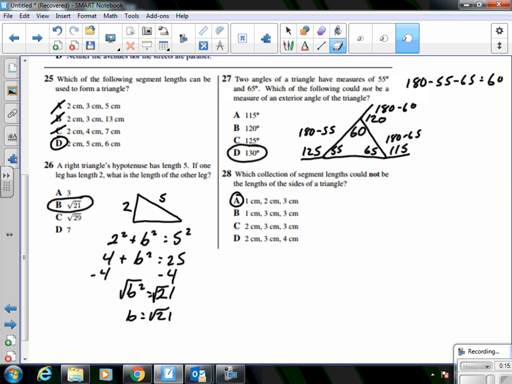So A should work for our answer. We can go ahead and check the rest of them. 1 plus 3 is 4, which is greater than 3, so that one would actually be a triangle. So that one isn't the answer. 2 plus 3 is 5, greater than 3. That's not the answer. 2 plus 3 is greater than 4. So A is the only one that could not be a triangle.